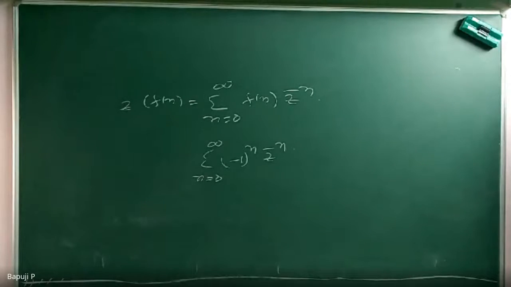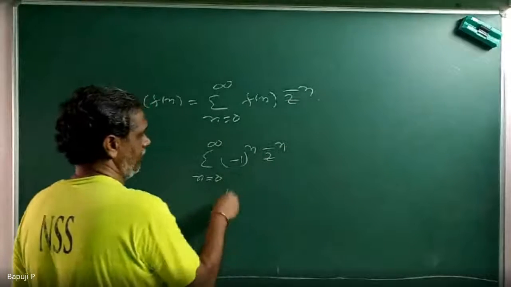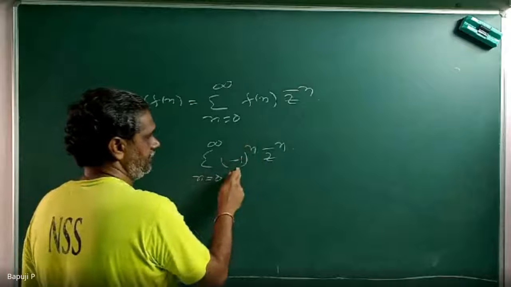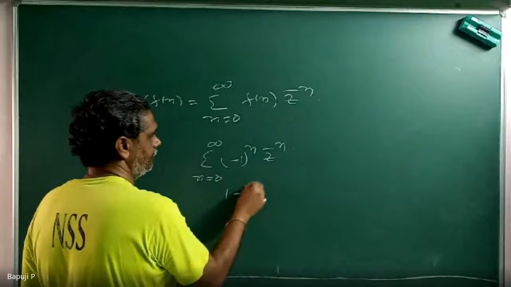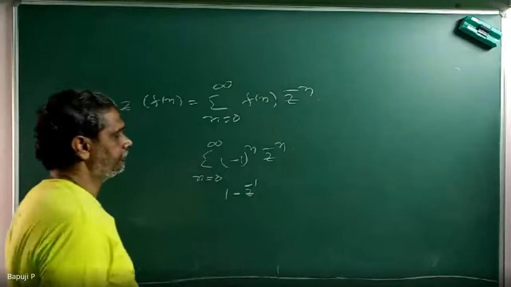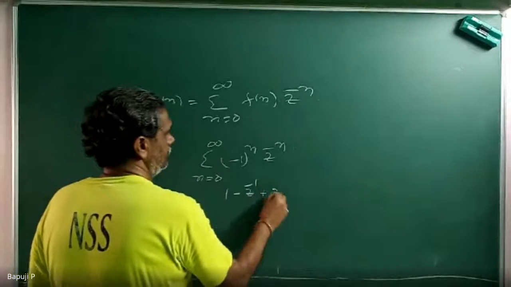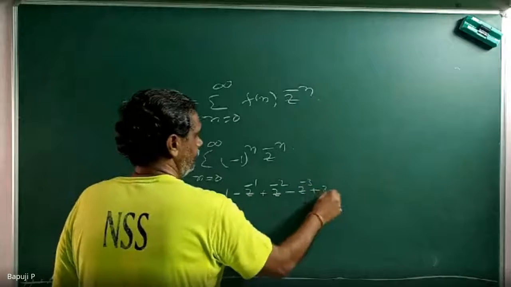Now we can give values. When n is equal to 0, what will you get? Minus 1 power 0, z power minus 0, that is 1. Then minus 1 power 1 is what? When n is odd, this is negative, when n is even, this is positive. So what we will get? Minus 1 by z, then plus, and if you want you can check.